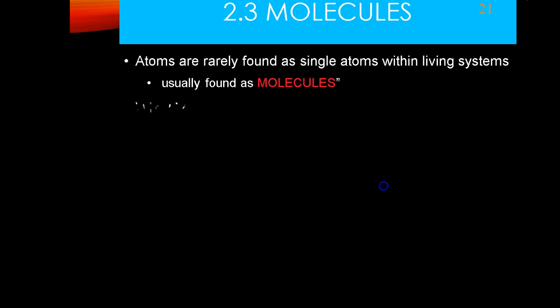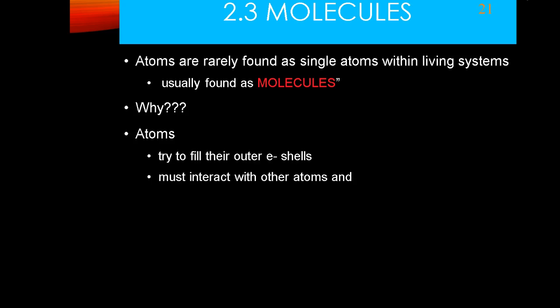So the question is, why would these atoms be rarely found singly in nature, but otherwise found as molecules? Well, we know that they are seeking to fill their outer electron shells. And in order to fill their outer electron shells, they must interact with other atoms. And when they interact with other atoms, they're going to form chemical bonds.